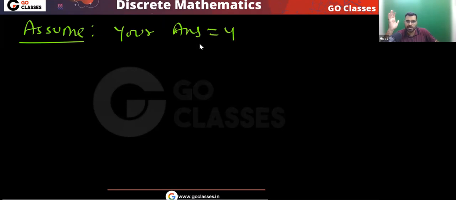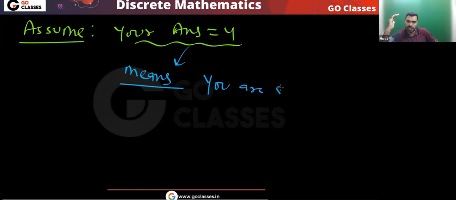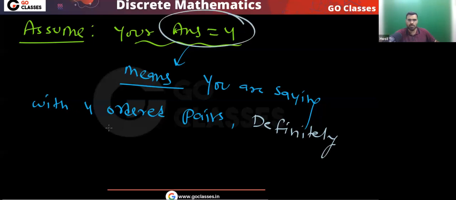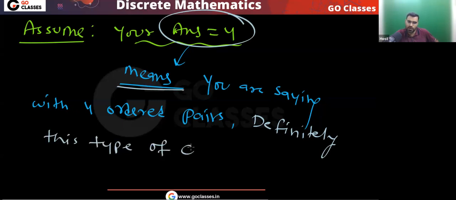Assume you are saying that with 4 ordered pairs, this type of couple will definitely be created. If your answer is 4, that means you are saying that with 4 ordered pairs, definitely this couple will be created. Yes or no? Agree? This is what you are saying. With 4 ordered pairs, definitely this type of couple will exist.